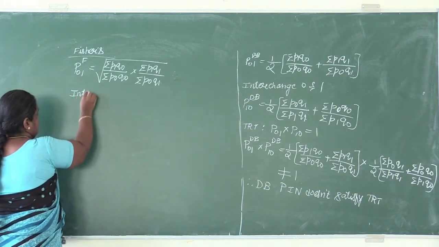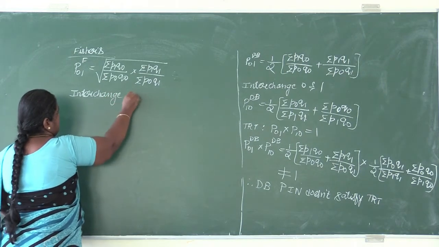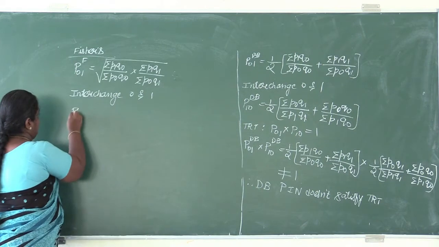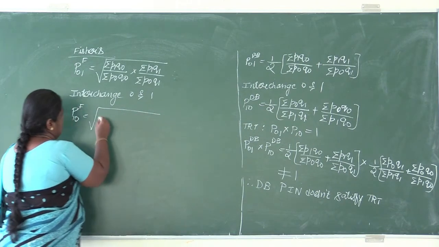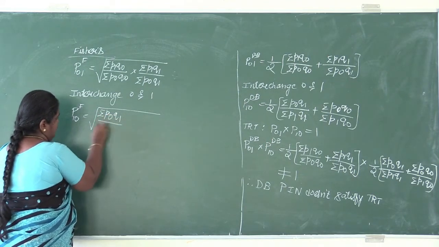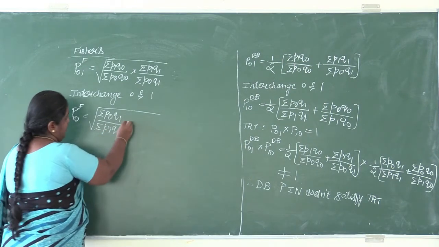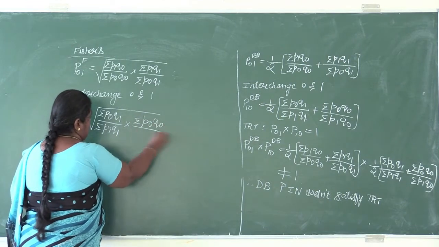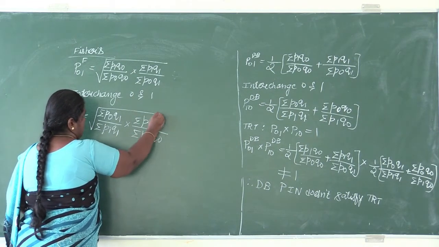Interchange 0 and 1. When we interchange 0 and 1, we'll get P10F equals square root of sigma P0 Q1 divided by sigma P1 Q1 into sigma P0 Q0 divided by sigma P1 Q0.